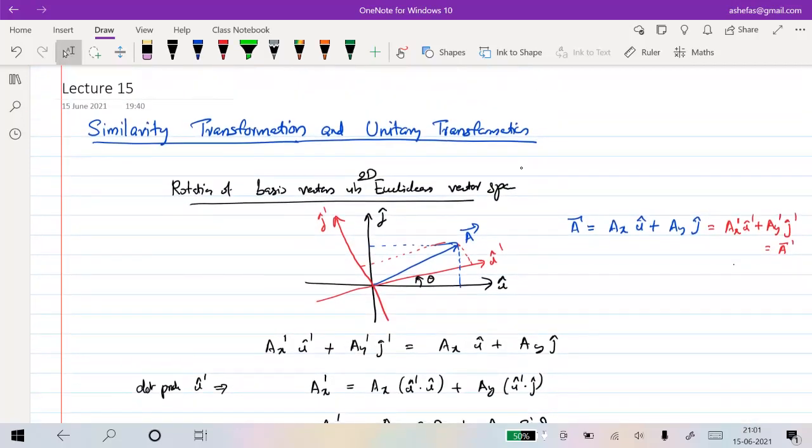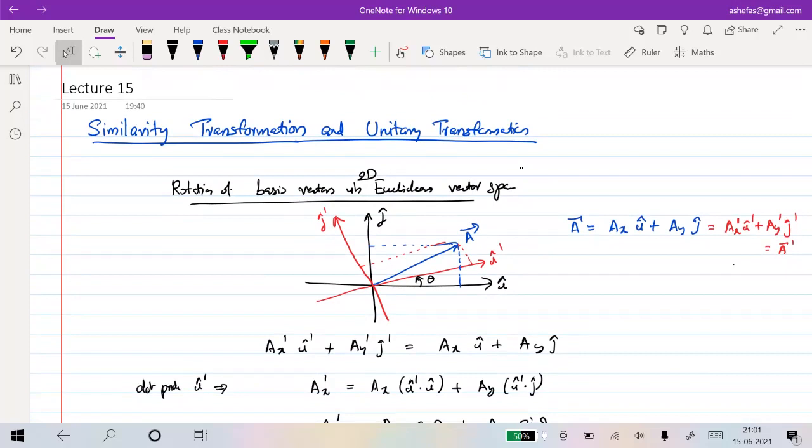This kind of transformation we require frequently in quantum mechanics, and it is very helpful to simplify our problem. If you transform the basis into a more convenient basis, the problem becomes much simpler. That is the main idea.